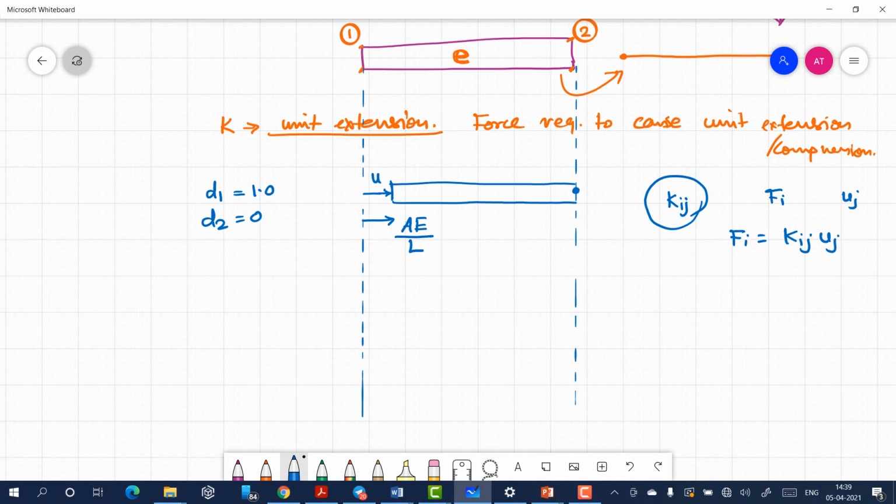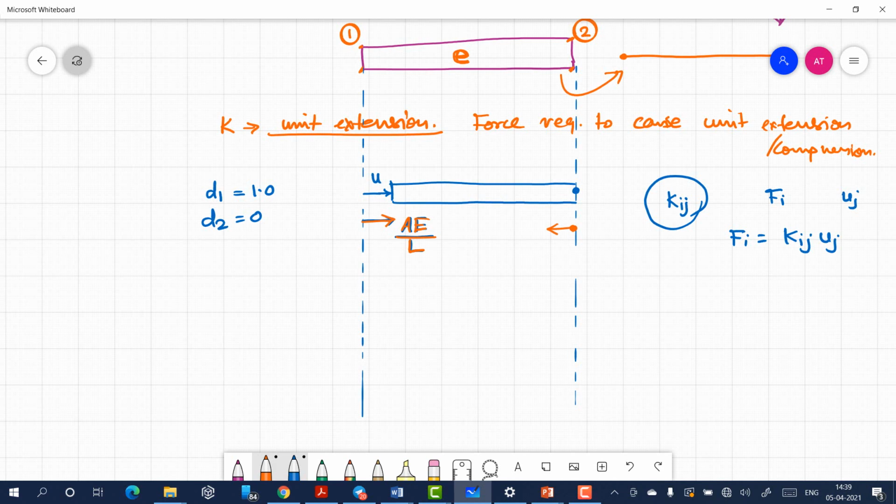And because here I have 0 displacement, I will have a reaction force, because this bar is in compression, right? Because of this compression I will have a reaction force, Newton's third law, and that will be in this direction, right?